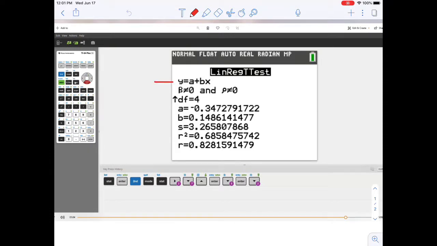From our output earlier, we get an equation for our regression line, which is y equals a plus bx. And then we also have our values for a and b that are given to us. We need to take those values, round them correctly, and then substitute them into our regression equation up above.